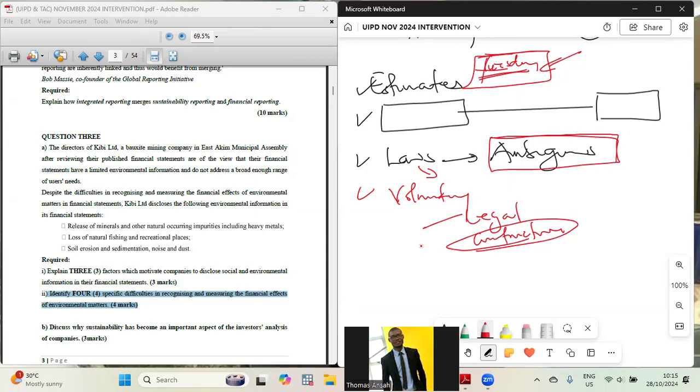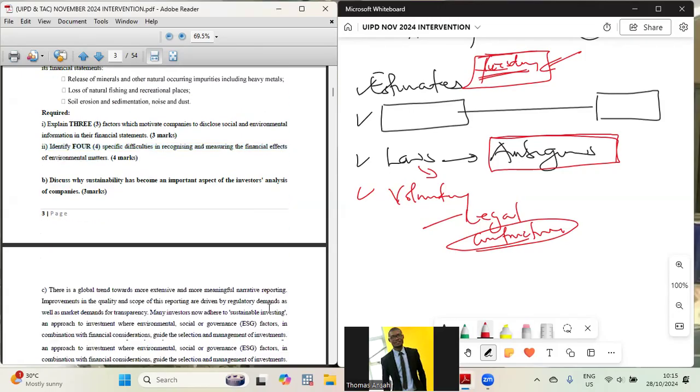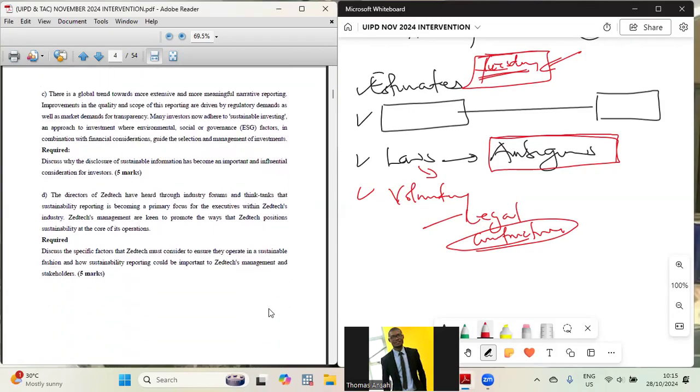You see, and the integration tool, you remember what we talked about, IAS 16, IAS 37, it all has financial impact. So for this part, you just have to go through and use the understanding of what we have done to answer the question.